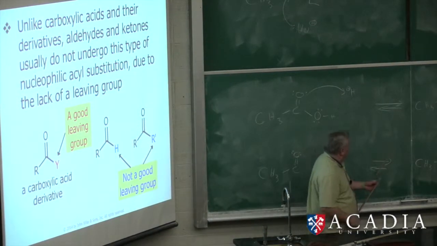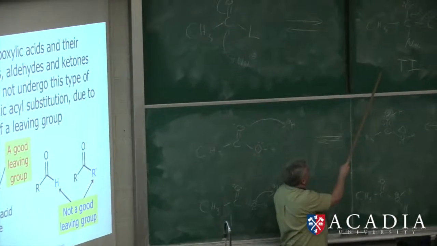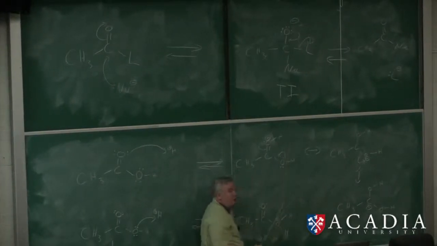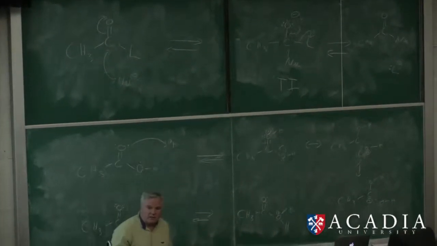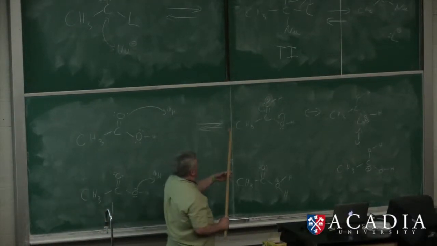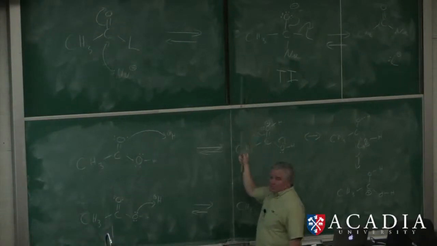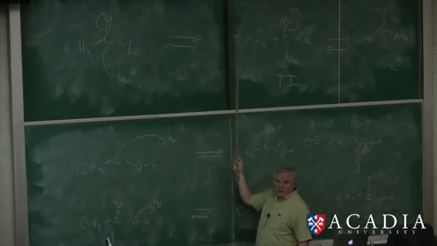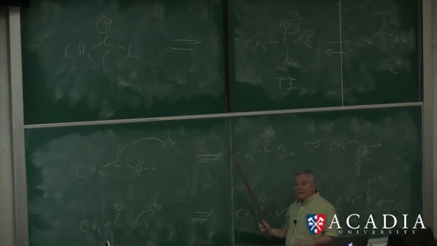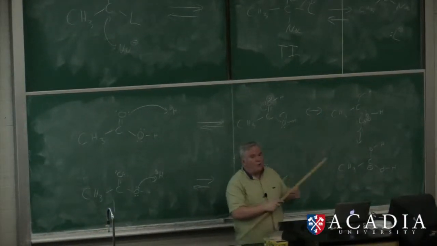When they're at this point to make a decision, they cannot kick off H minus or an alkyl group with a minus charge on it. So they don't go in this direction. That's why this equilibrium is important for aldehydes and ketones. They can't go on further this way. The carboxylic acid derivatives have that option open to them.